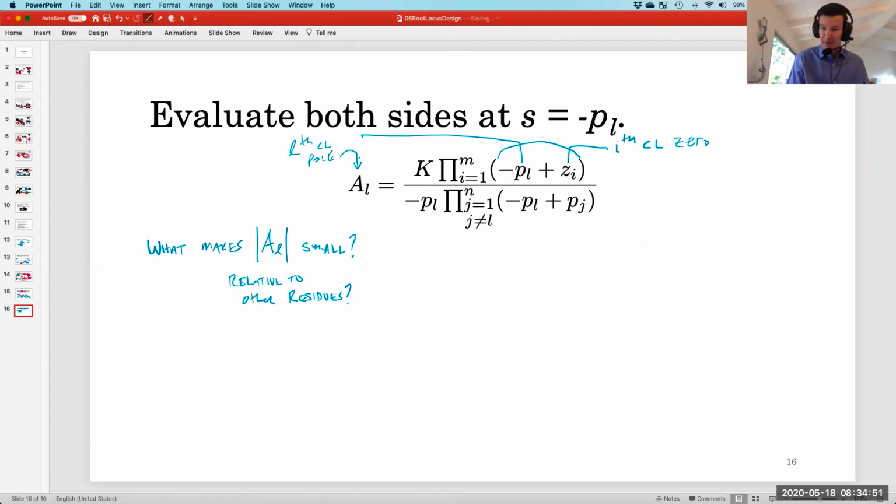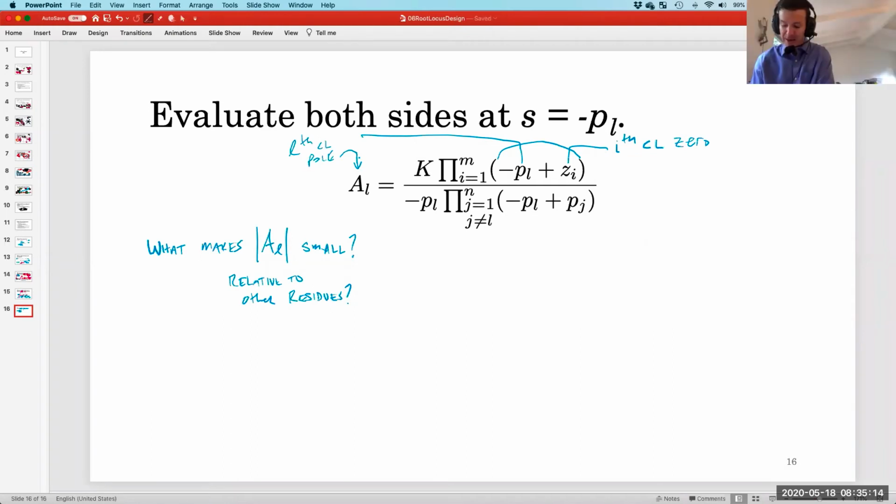If the denominator were to get big, then this fraction gets small. If the numerator were to get small, the fraction gets small. So what makes the numerator small? If all the zeros got closer to P sub L. Is it all, or is it some? Oh, actually, you only need one to equal P sub L. There you go, so multiplying them together.